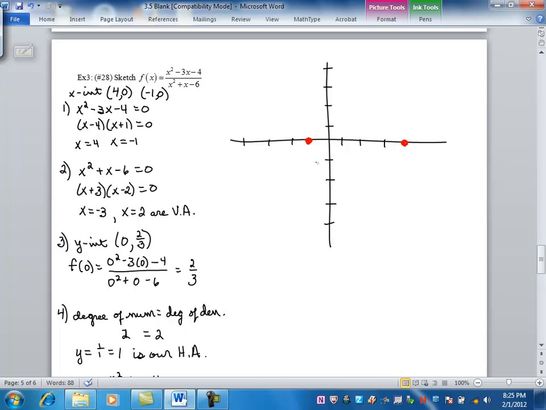I've got vertical asymptotes at negative 3 and at 2. I've got a y-intercept at (0, 2/3). Alrighty, that's right about there. And let's see, what else do we know? We've got a horizontal asymptote at y equal 1. So let's see if I can sketch this in here.